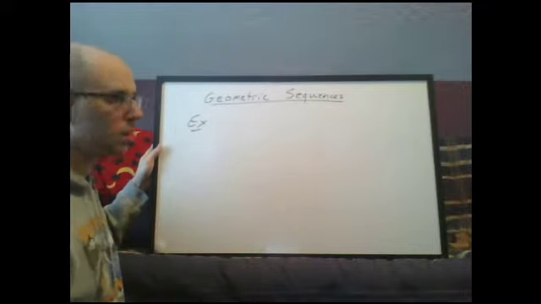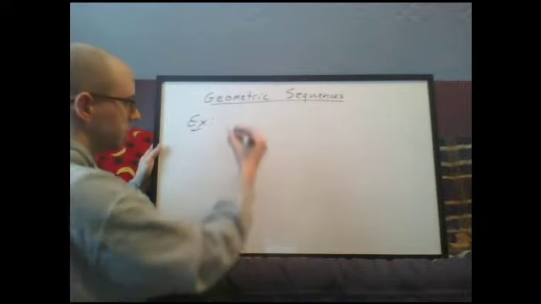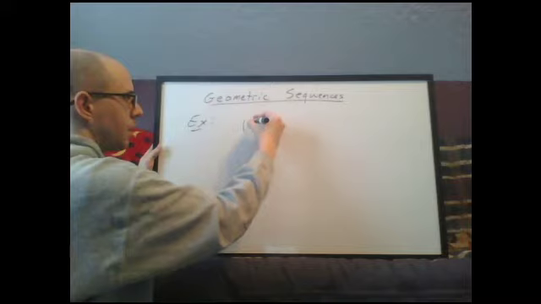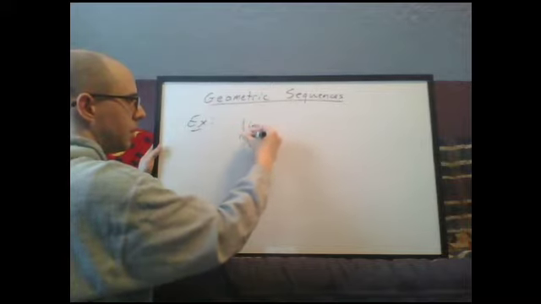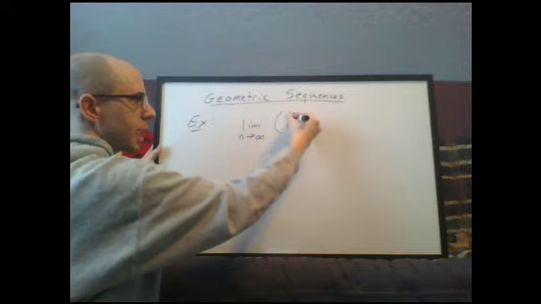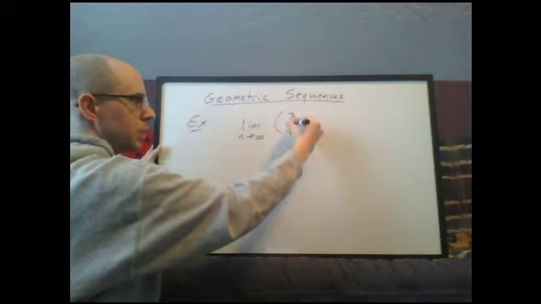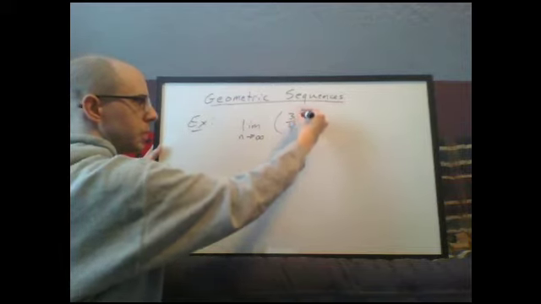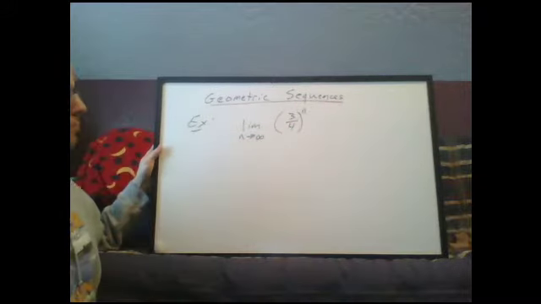So let's do a quick example with a specific sequence. A geometric sequence is like an exponential function. So (3/4)^n.